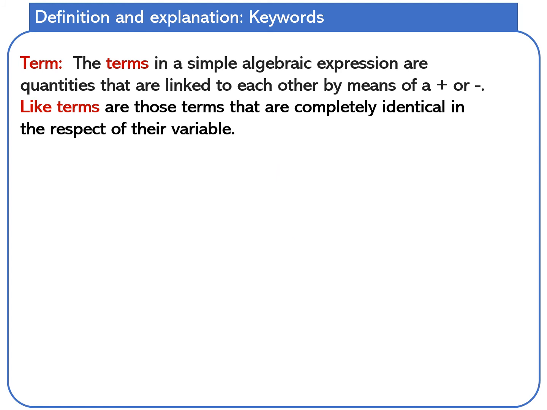The terms in a simple algebraic expression are quantities that are linked to each other by means of a plus or minus. Like terms are those terms that are completely identical in respect of their variable. So if we take, for instance, 3x plus 5y minus 2x, these are all terms.